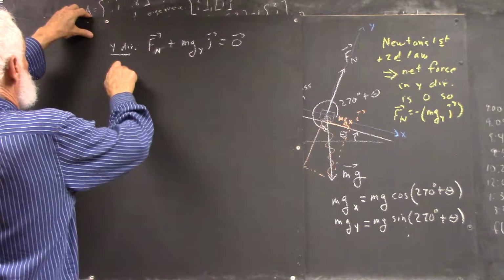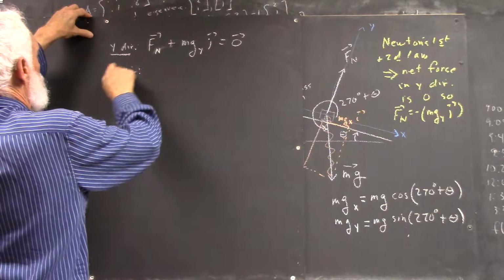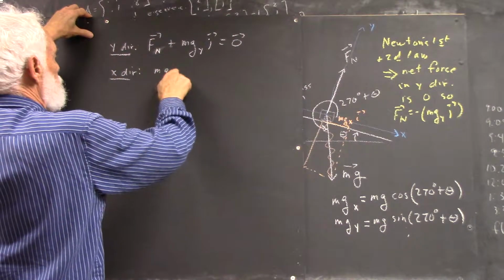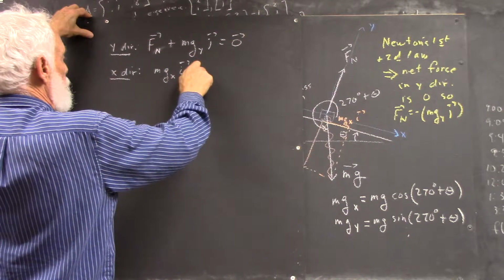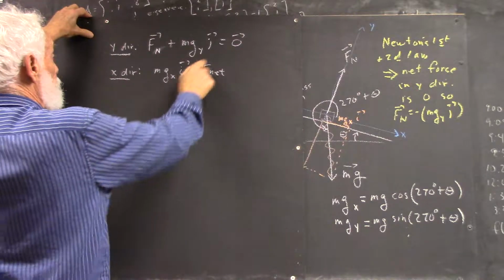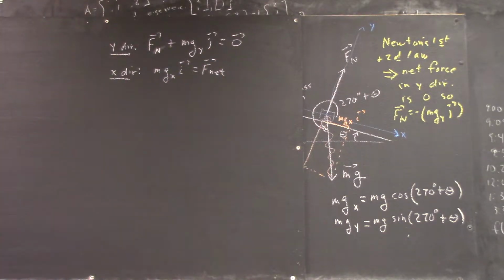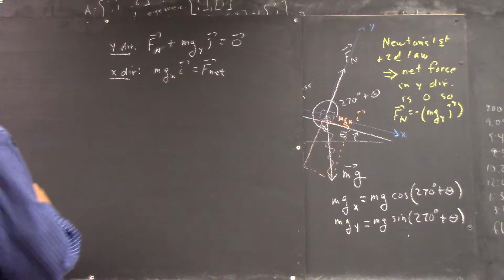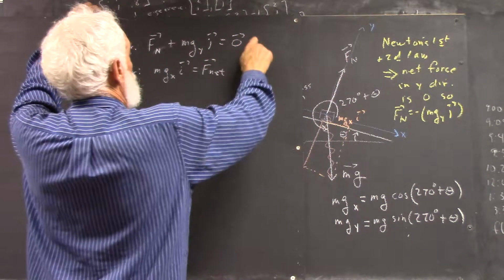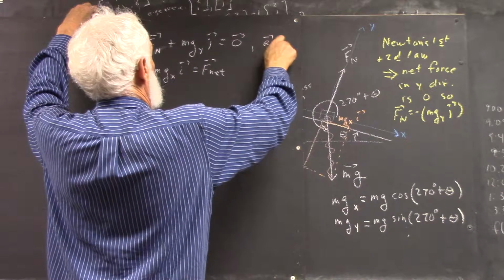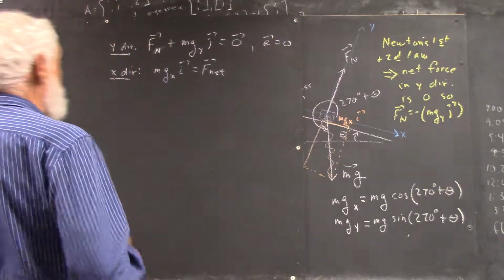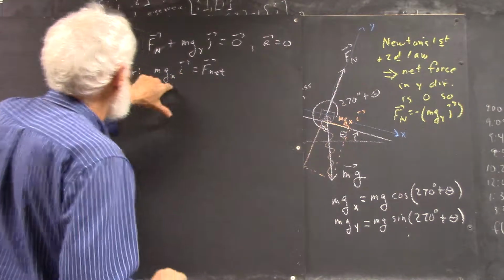In the x direction, mgi is the net force. Another thing about the y direction, I just mentioned that the acceleration is 0, and of course this is a consequence of this. Okay? Okay, now back here, we have this, right?